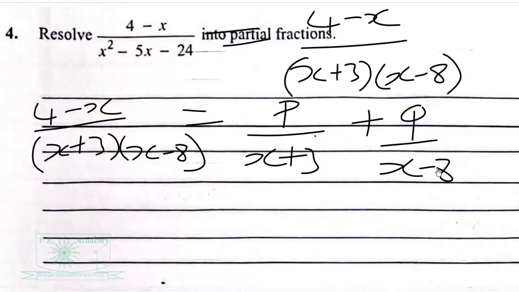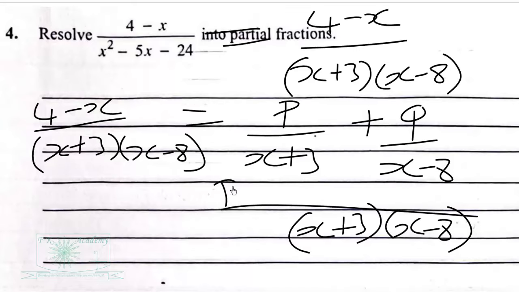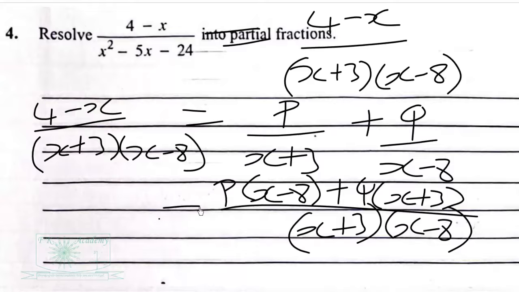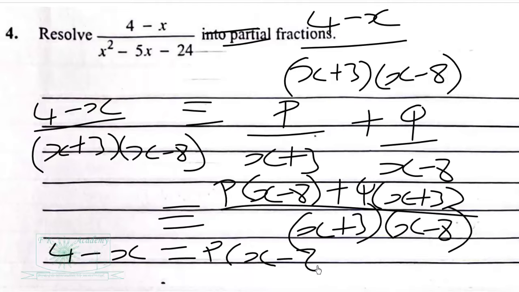So we collect the LCM here, x plus 3, x minus 8, p times x minus 8, q times x plus 3. So now we can equate the numerators. 4 minus x is equal to p times x minus 8, plus q times x plus 3.